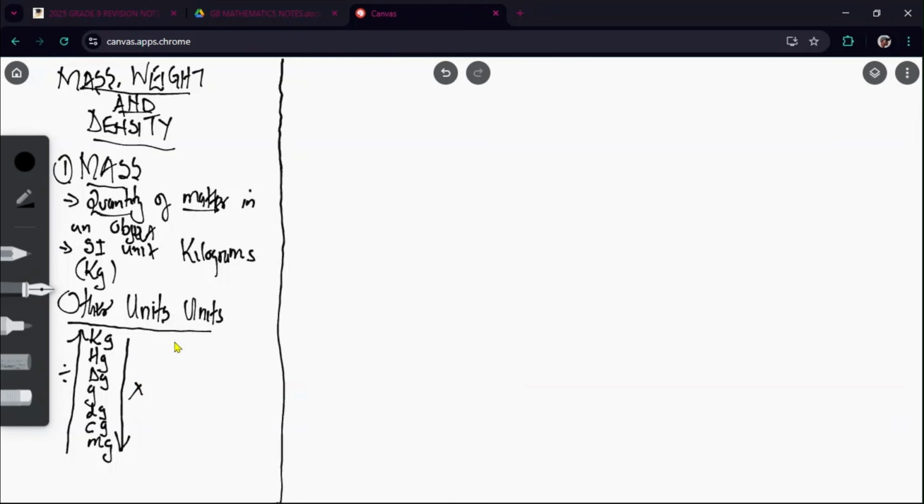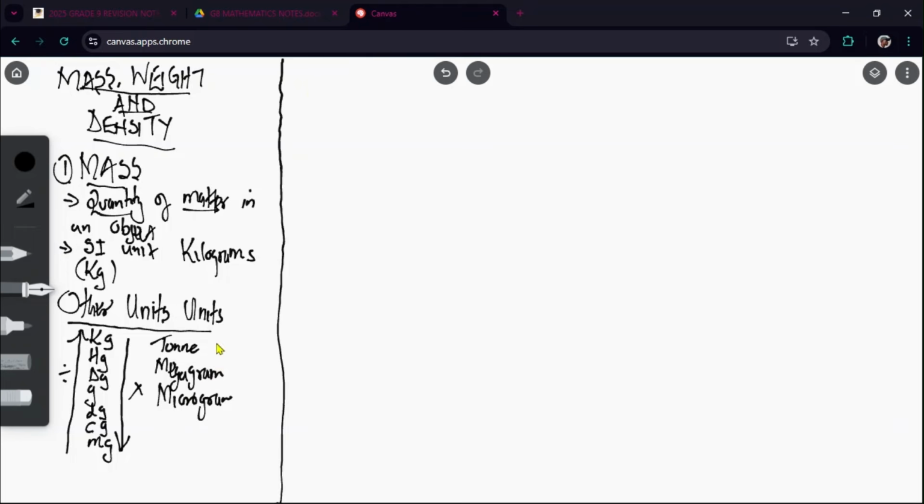We also have some other units, and this is ton. Ton is another unit of measuring mass. We also have a megagram, a gram, and we also have a microgram.